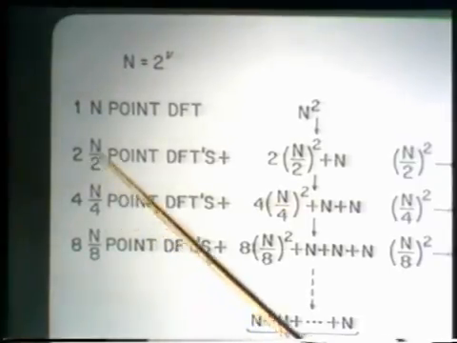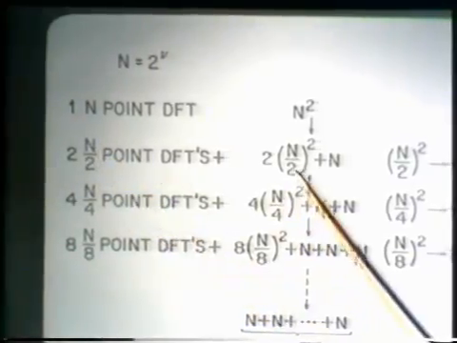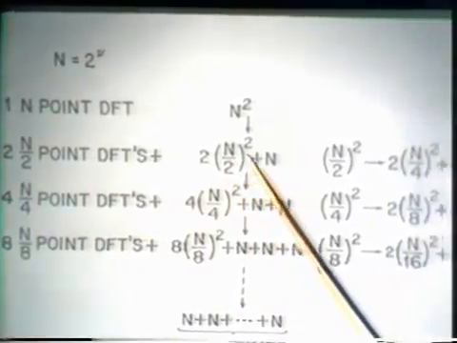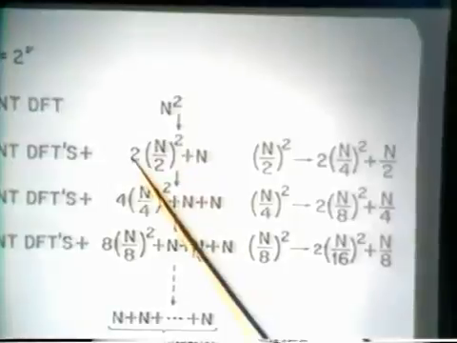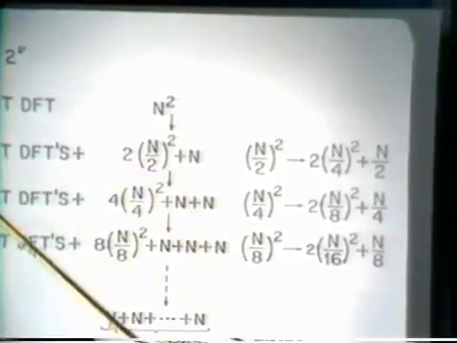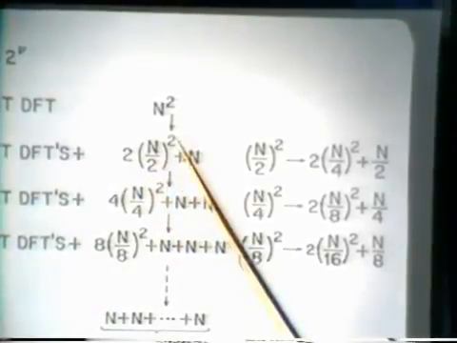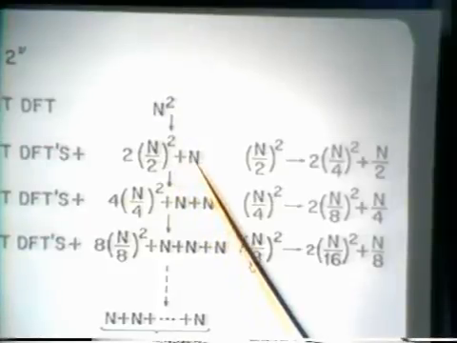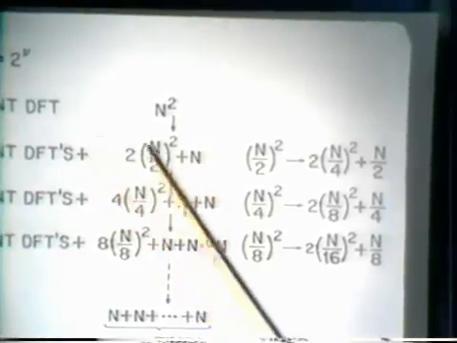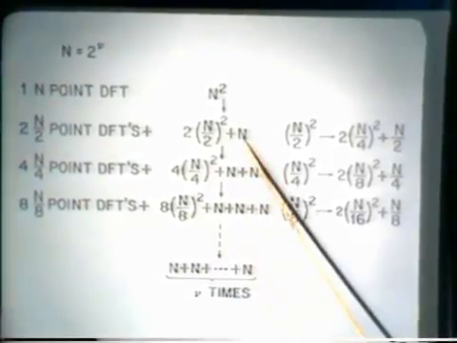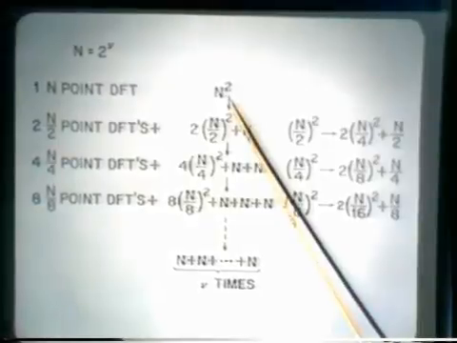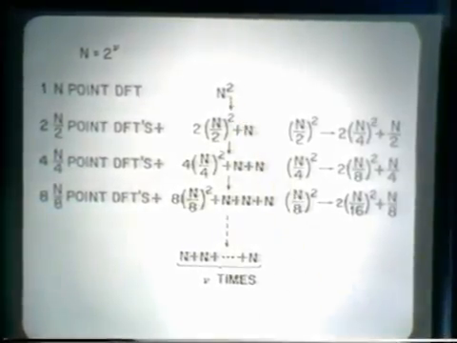The computation of the two N/2-point DFTs involved complex multiplies and adds equal to 2, because there were 2 of them, times (N/2) squared, plus N for the diddles. The diddles being involved in fitting those two N/2-point DFTs together. And this, for N greater than 2, is a bigger number than that.